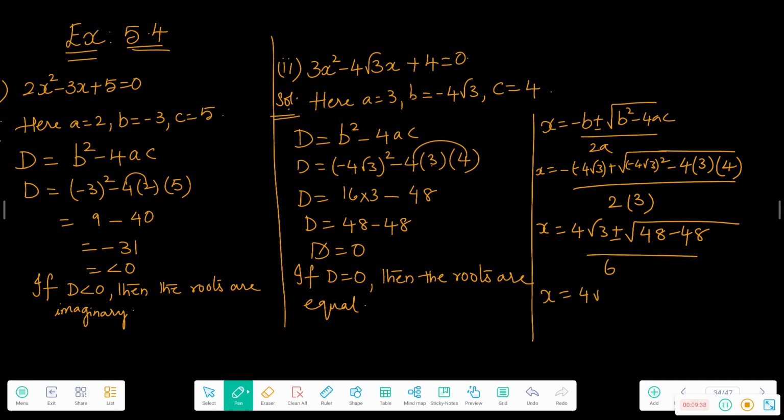So x value is 4 root 3 plus, this becomes 0, 4 root 3 by 6.